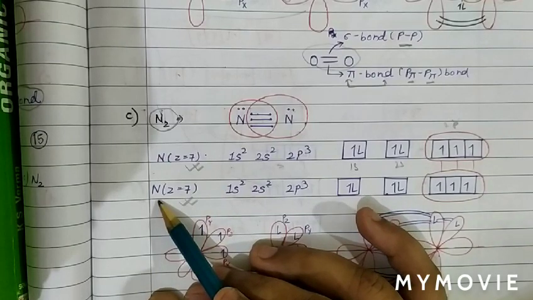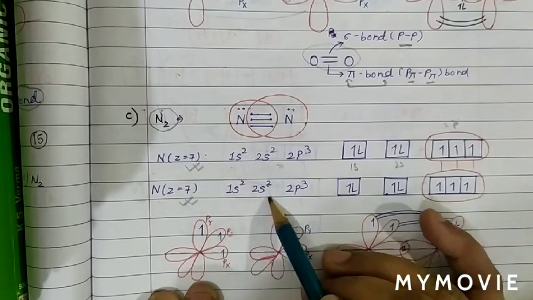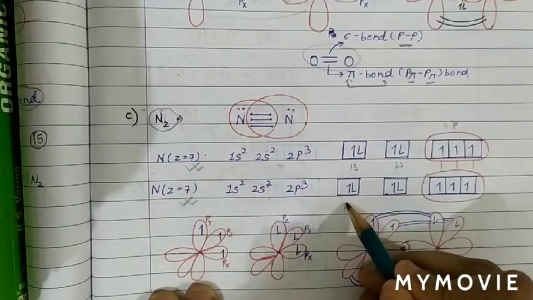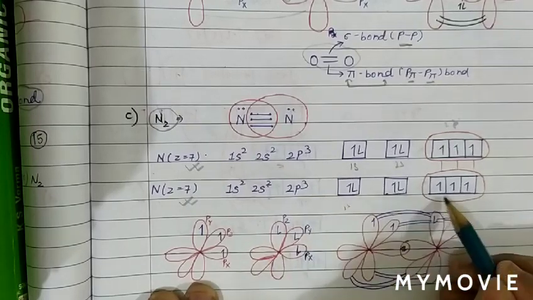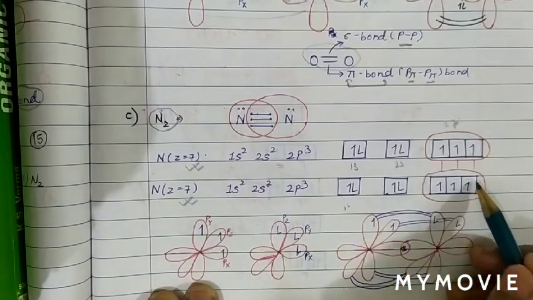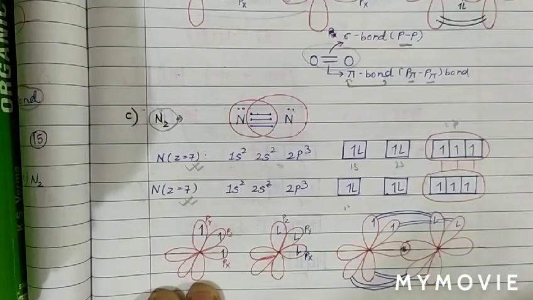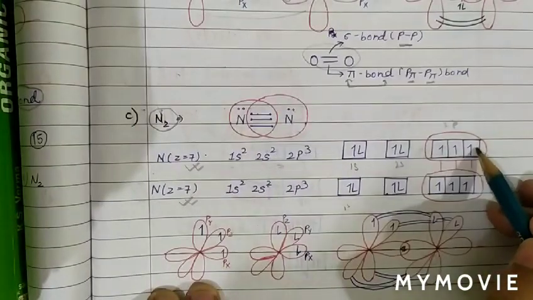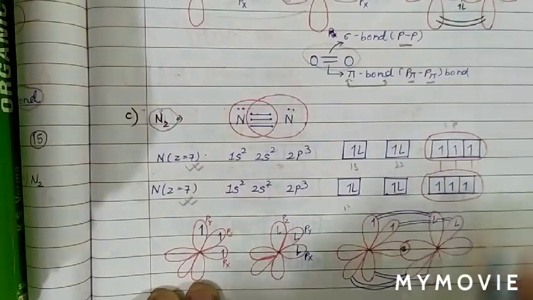The other nitrogen atom in this molecule also has the configuration 1s2, 2s2, 2p3, with 3 unpaired electrons in 3 orbitals.